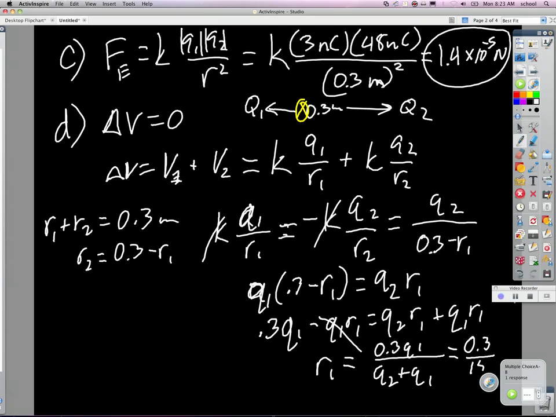So doesn't it make sense that the point where the electric potential is 0 is going to be closer to Q1 instead of Q2? Is it 3 over 15 or 3 over 1.5? It's 0.3 over 15, which is 0.02. So it's 0.02 meters, right?